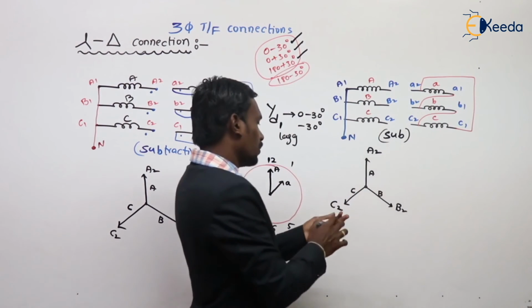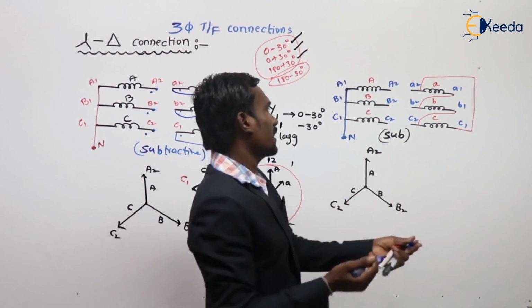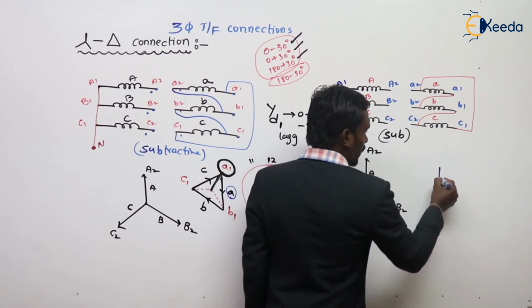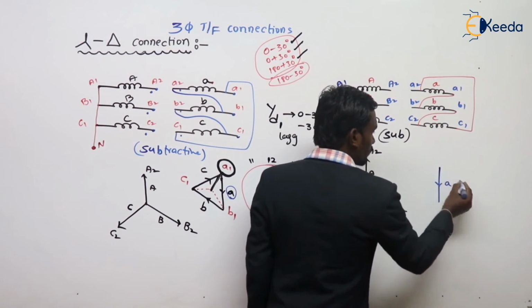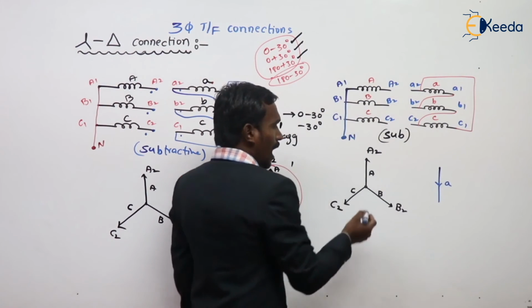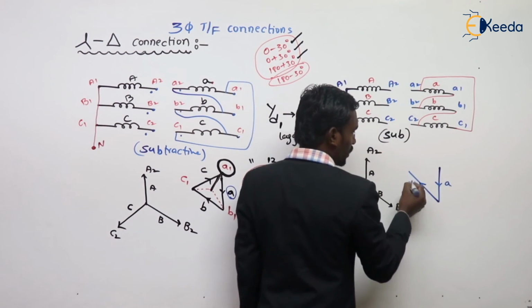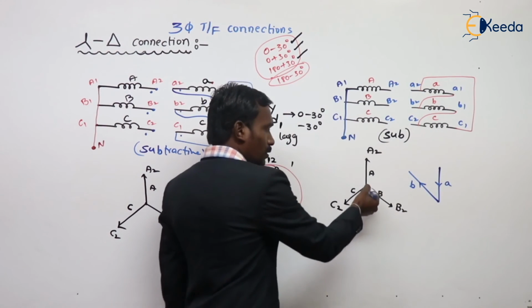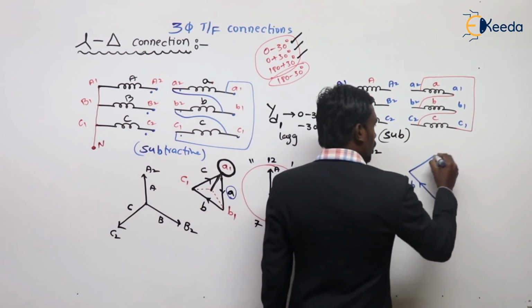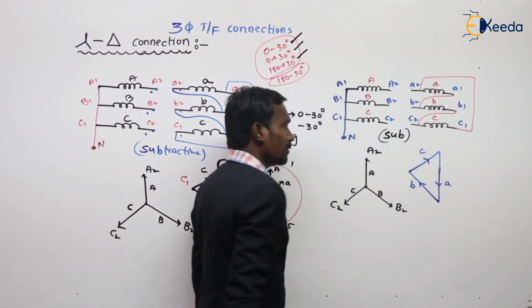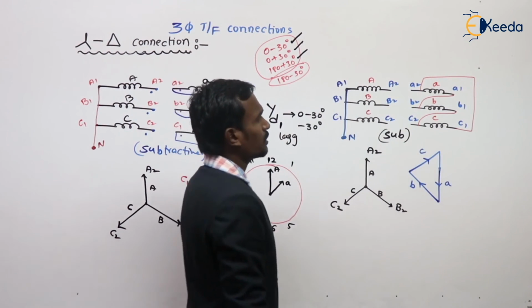Let's see how the vector diagram goes. Here A is upwards, so here A should be downwards. B is in this direction, so B should be in this direction. C is in this direction, so C should be in this direction.